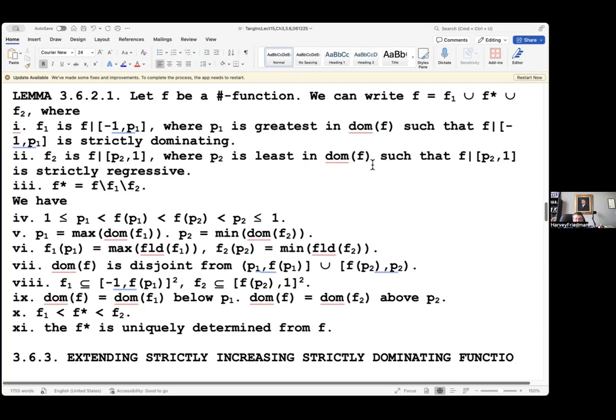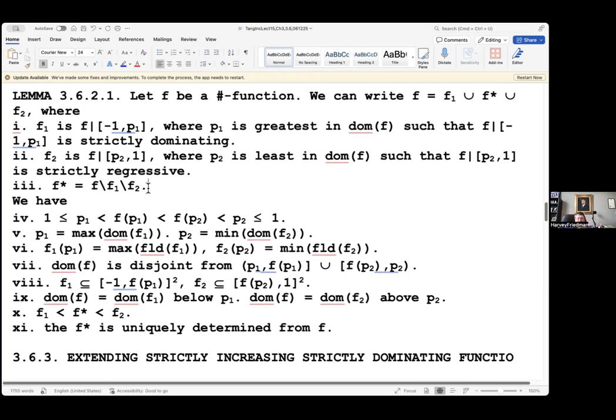So you're starting off. Okay. All right, so this is all well defined. And now I've already defined what F1 and F2 are. So I know that F star should just be the residue, whatever is left: F minus F1 minus F2.